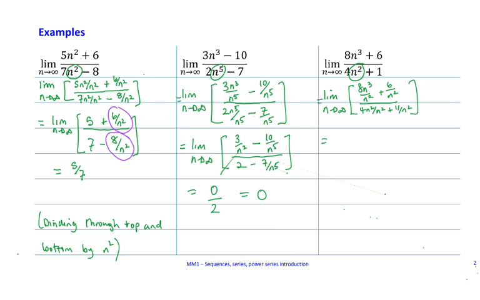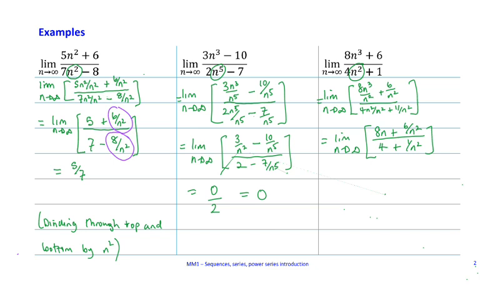So we have the limit as n goes to infinity of (8n plus 6 over n squared) over (4 plus 1 over n squared).